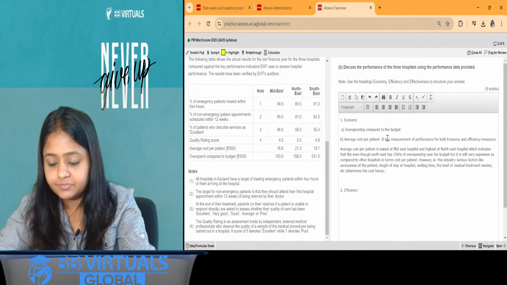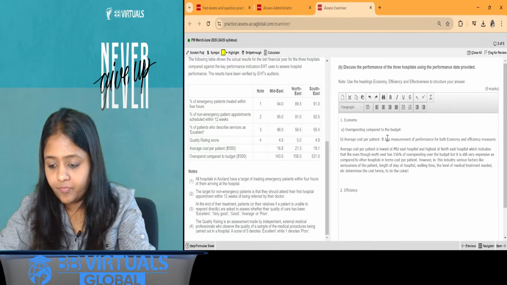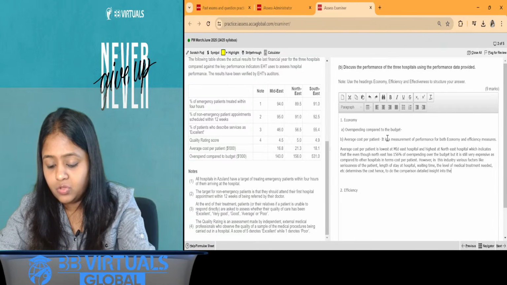Hence, to do the comparison, detailed insight into the cost is needed at all hospitals.